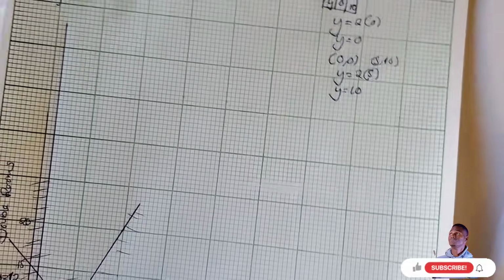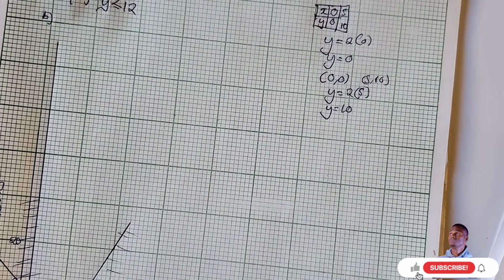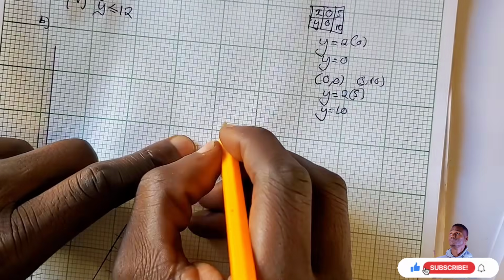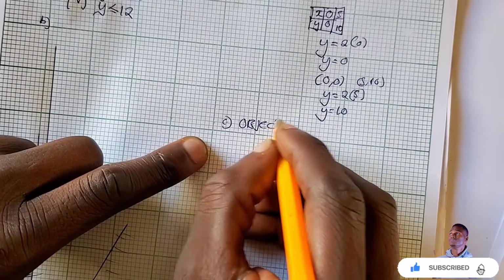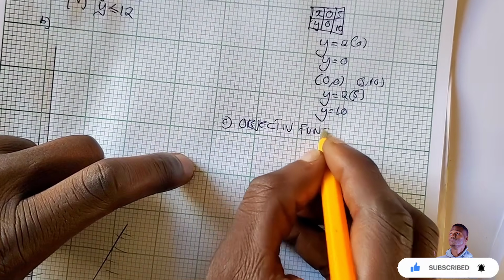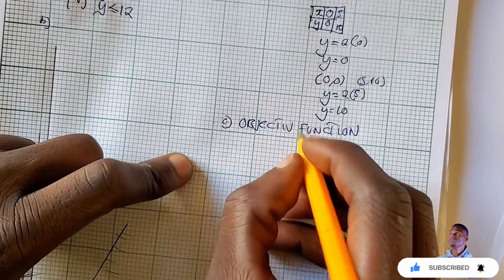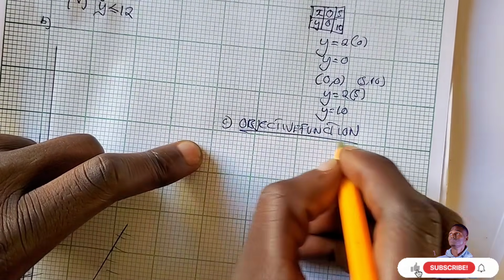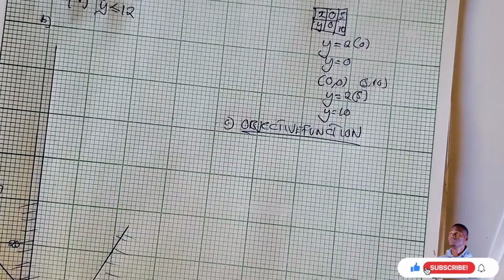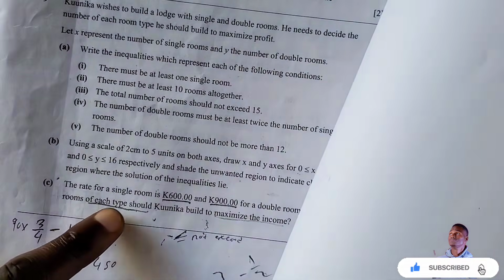Let's go to our graph and come up with the objective function. This is known as the objective function. This is question C, for 10 marks. The objective function comes from the profit you are given here.